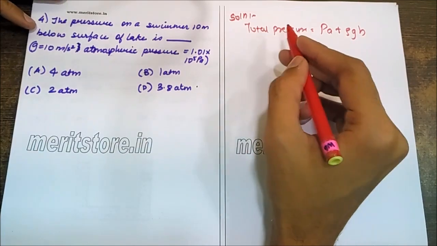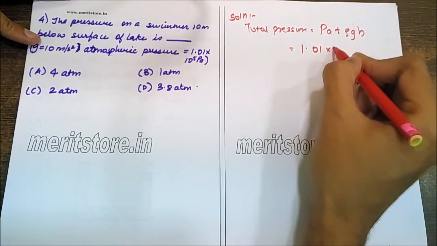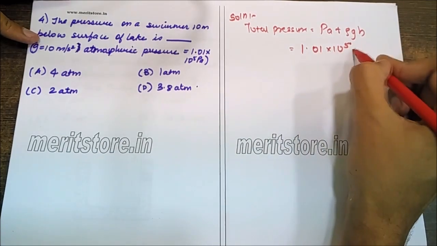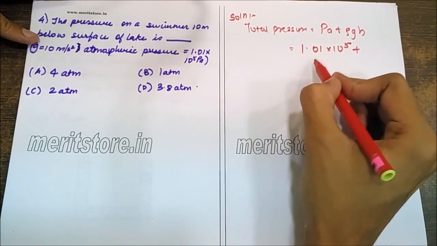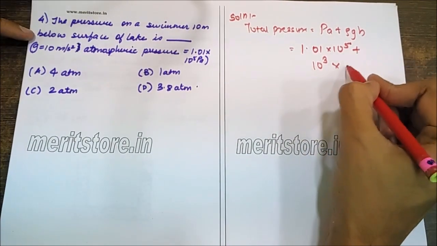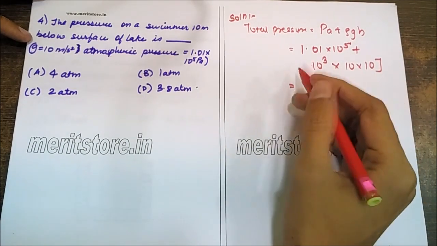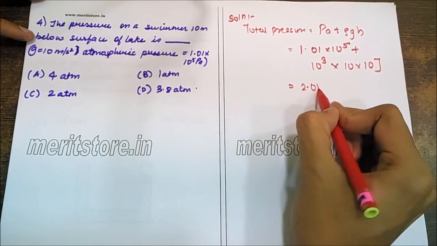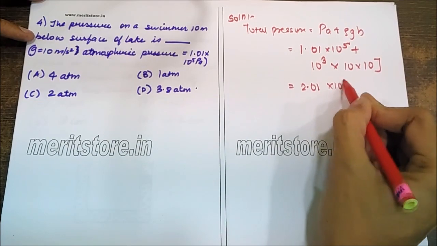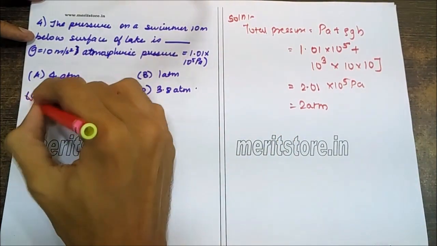The atmospheric pressure is given as 1.01 into 10 to the power 5 plus rho, the density, which is 10 to the power 3, multiplied by g, which is 10, multiplied by the height, which is 10 meters. So the total pressure on the swimmer becomes 2.01 into 10 to the power 5 pascals, that is 2 atmospheric pressure. C.